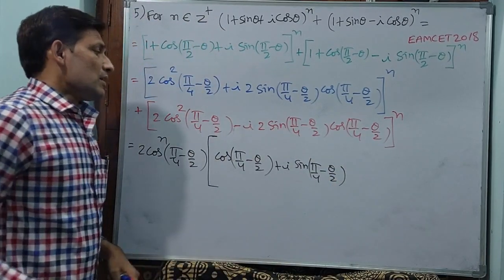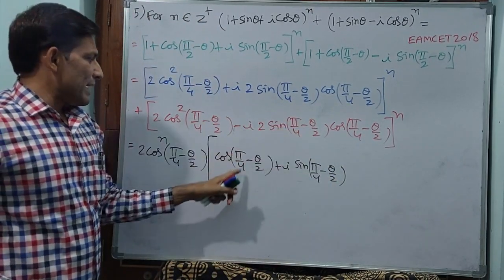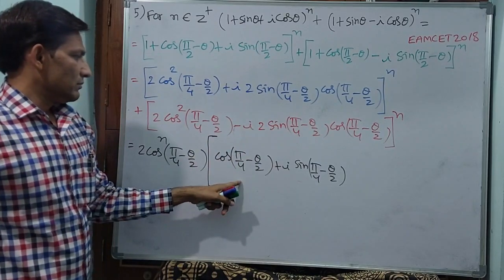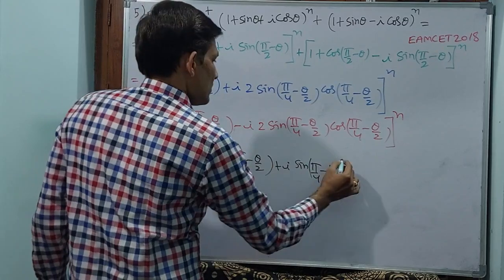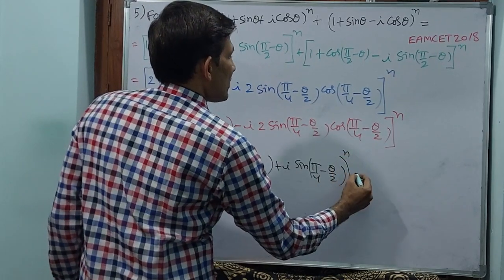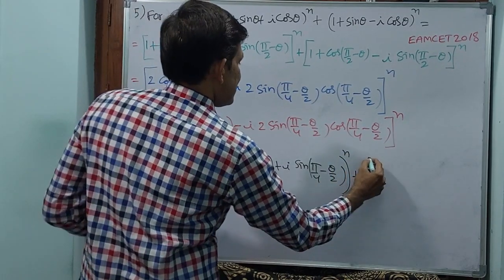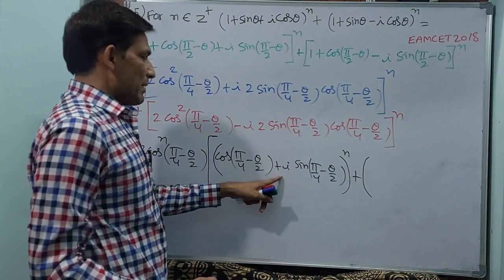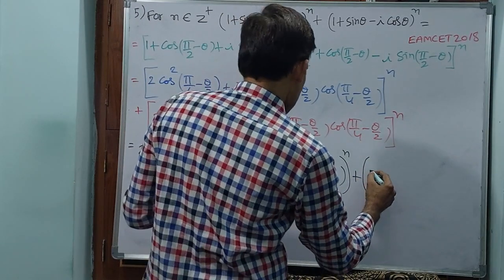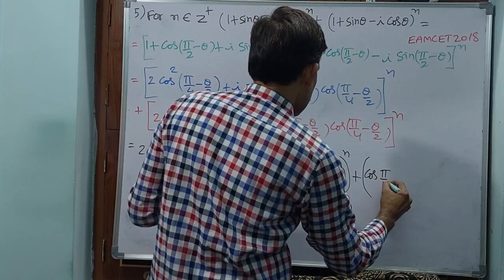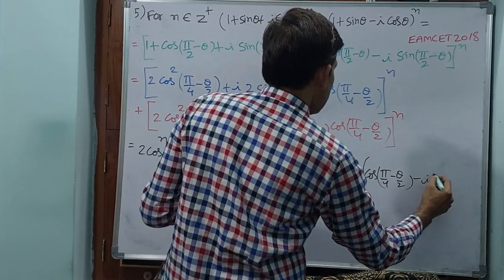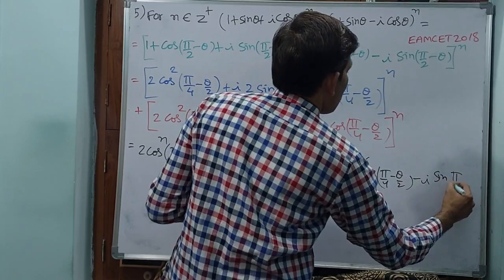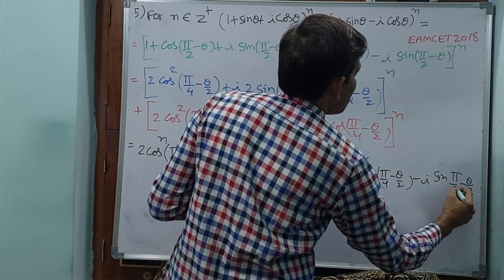Okay. Shall I apply now? Individual n you keep now, plus the same thing happens with minus: cos pi by 4 minus theta by 2 minus I sin pi by 4 minus theta by 2.